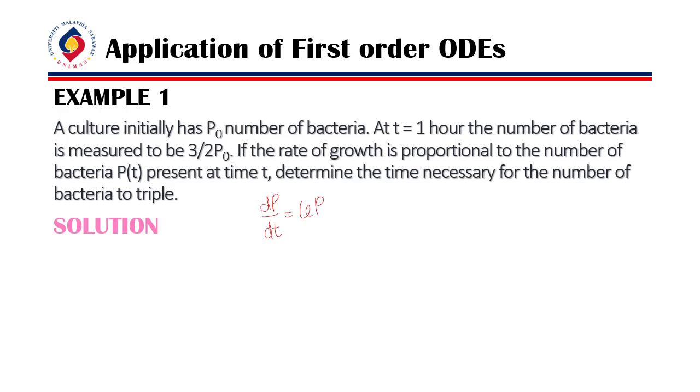So dP/dt here is proportional to the amount of people. P here is a population. It can be people, or in this example bacteria, or we consider animals like rabbit or cat or whatsoever.